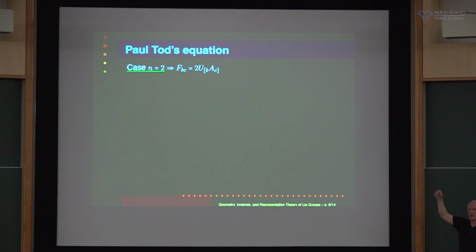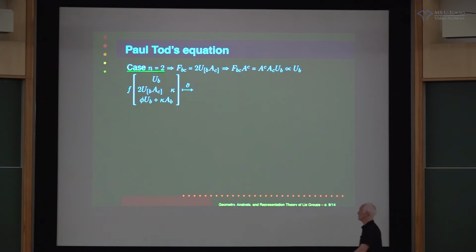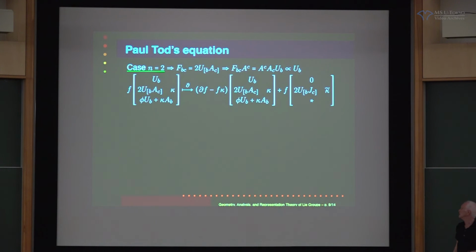So in dimension 2, where f is just fixed by u and the acceleration, and one of the terms in the bottom line is actually proportional to u, so you can absorb that. Then what you're doing is actually looking at this bundle. So here is this three-dimensional bundle when n is equal to 2. So f, phi, and kappa are unconstrained. Then you work out what this derivative actually looks like according to the formula. This is all completely mindless.